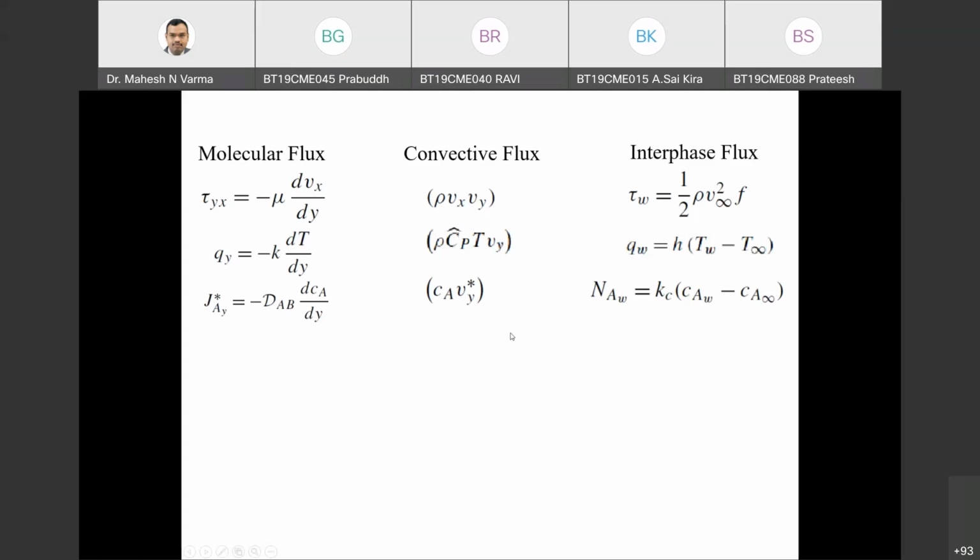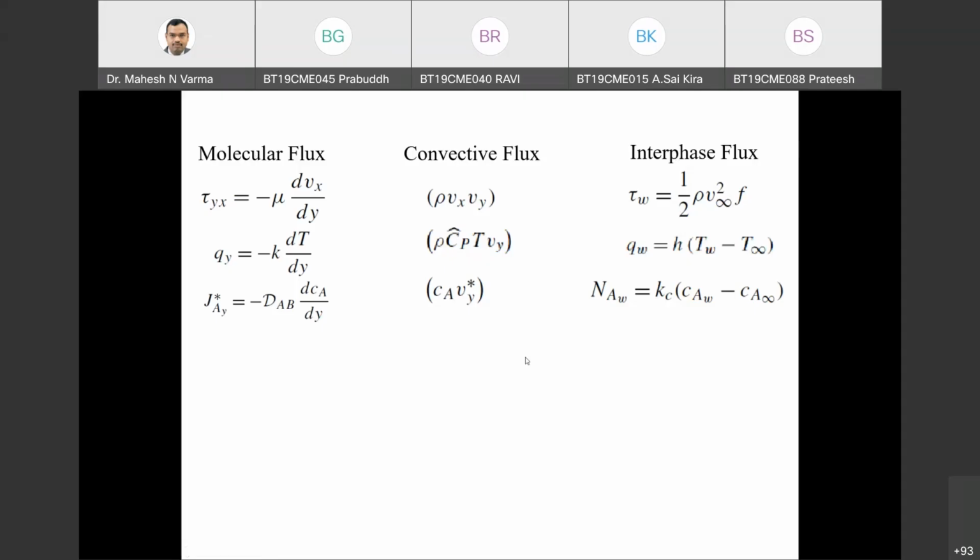Now I will say almost 90% of heat transfer, mass transfer, and momentum transfer design problems will be based on these equations only, until and unless you go for very complex flow and then transient flow.